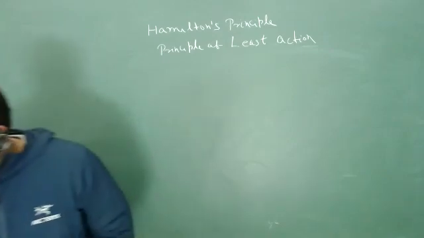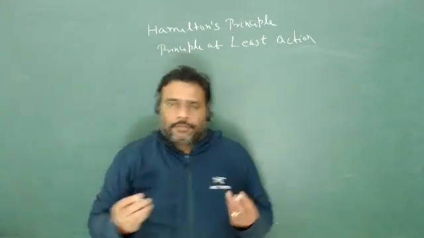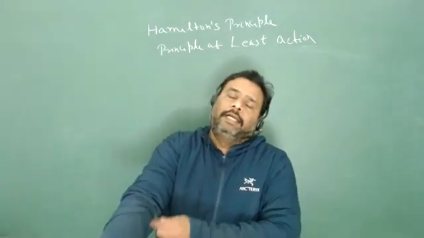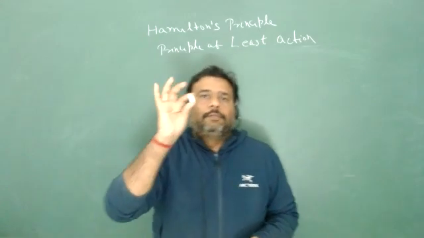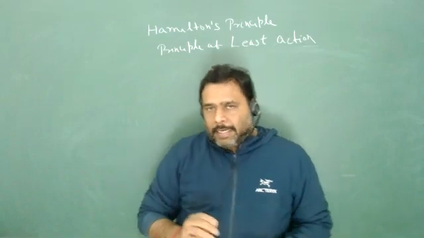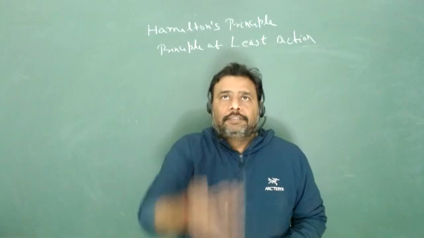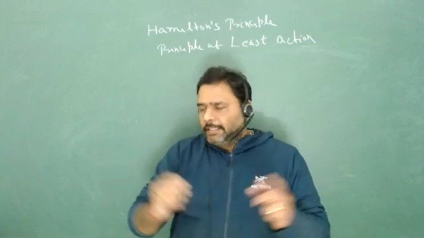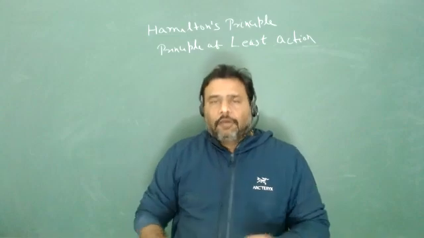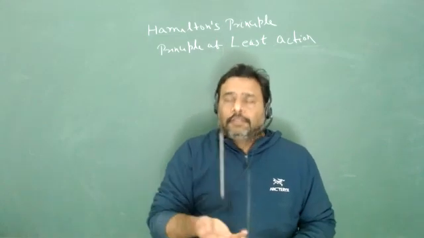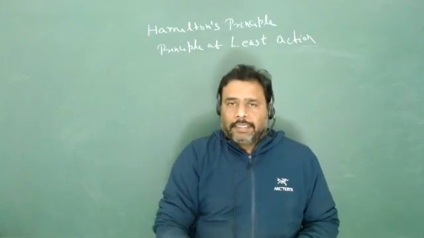Now, there is a very philosophical question. Suppose this is one particular mass, and I am throwing this mass in a vertical direction, and we are doing this experiment again and again.